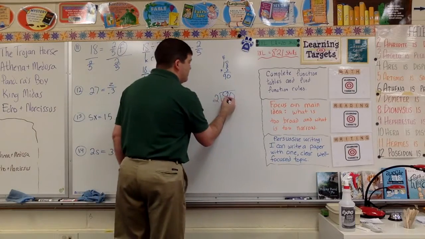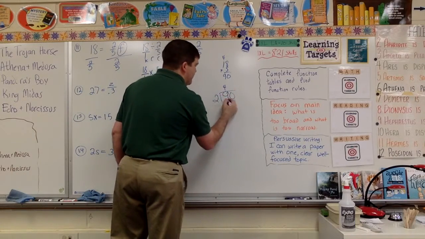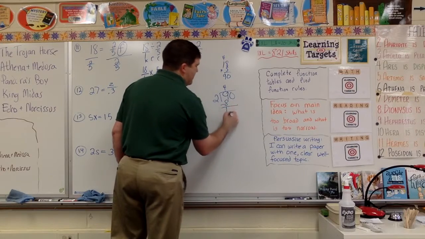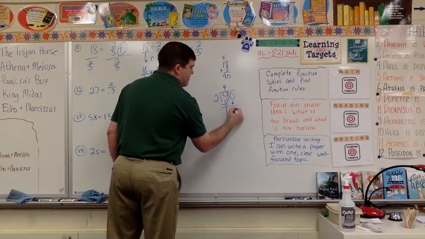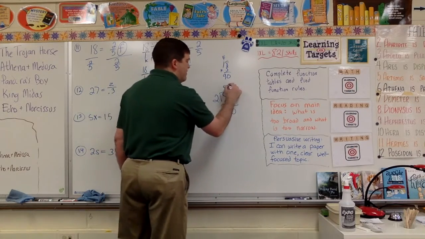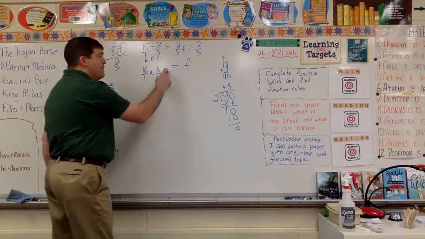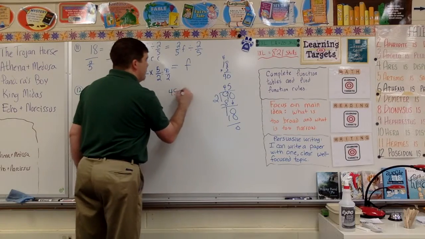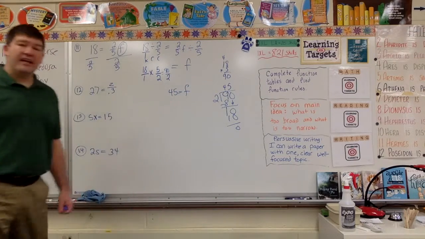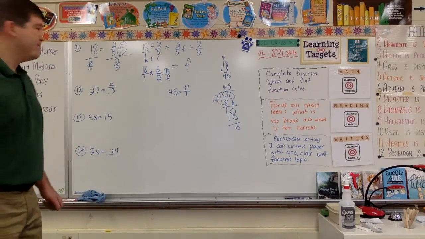We'll see. 2 goes into 9 4 times. That equals 8. Subtract that. Bring down my 0. How many times does 2 go into 10? 5. So it's 45. 90 divided by 2 is 45. I think f equals 45.